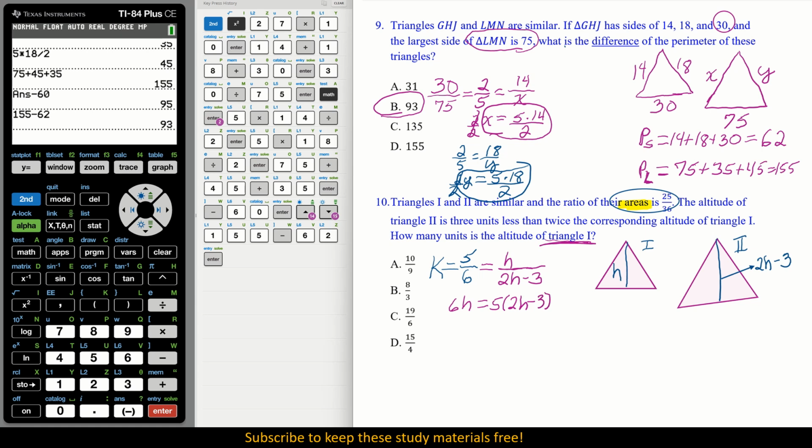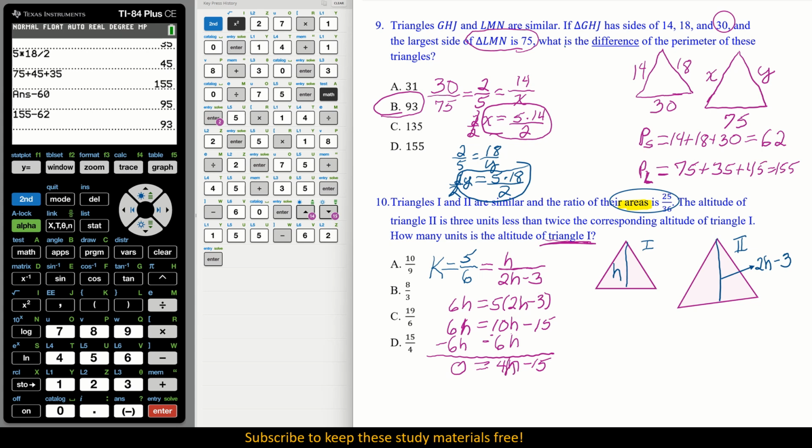Now we need to distribute, so that will be 10H minus 15. Now we need to move some things around. I'm going to subtract 6H from both sides. That gives us a 0 over here and 4H minus 15.